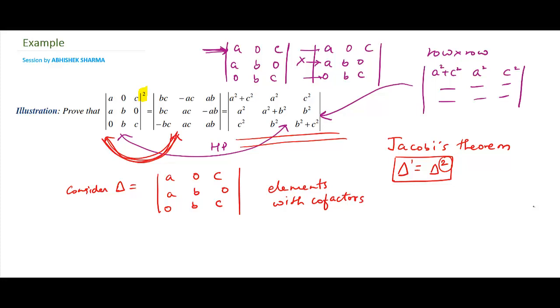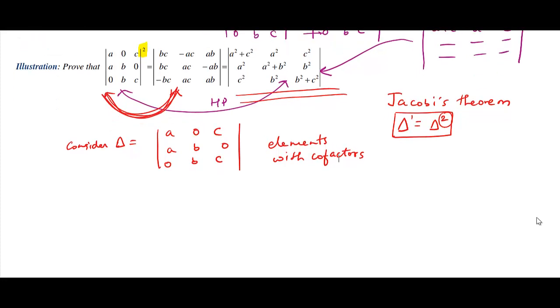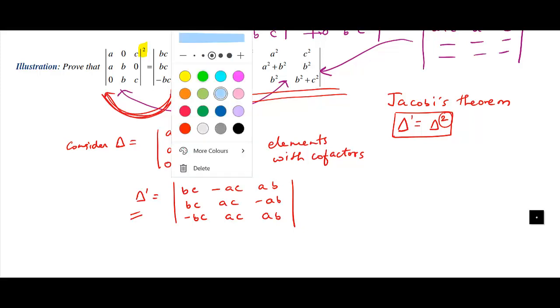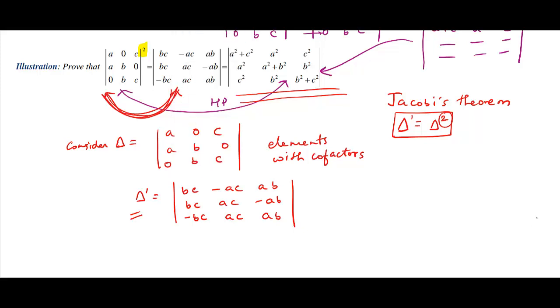So we get another determinant delta dash, which is, now you get BC, the cofactor of 0 will be minus AC, the cofactor of C is AB, BC, AC, and yes, we are done, because this new determinant obtained is exactly the same as the determinant we are looking at here.